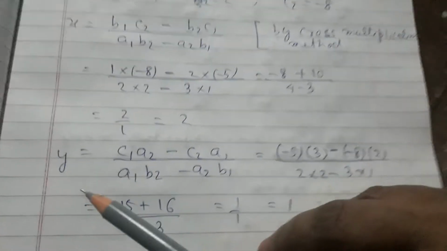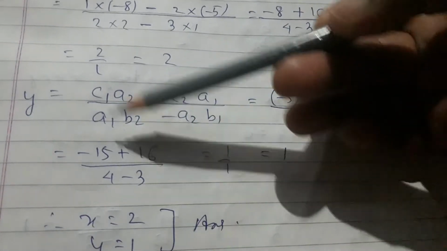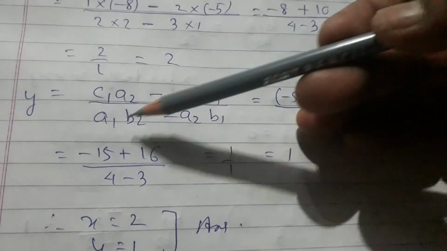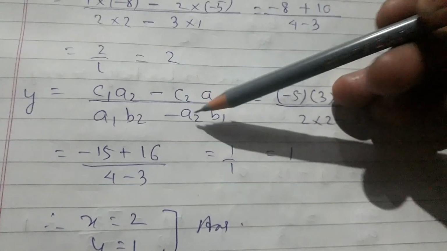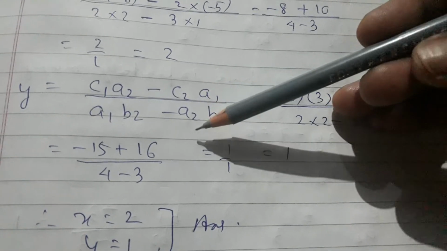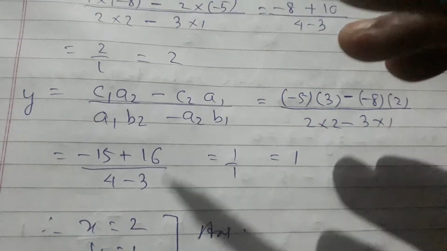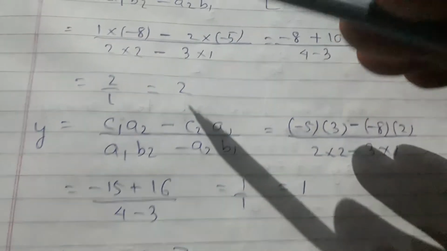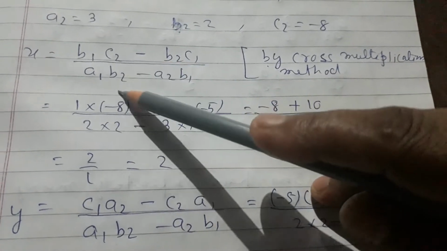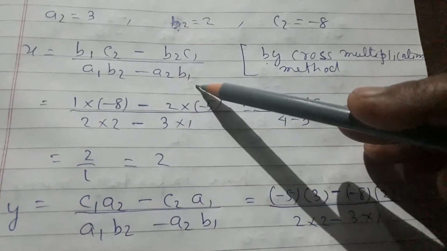Okay. And now y. The formula to take out y is c1 a2 minus c2 a1 by a1 b2 minus a2 b1. This formula is very easy to remember. At first look here, x equal to b1 c2 minus b2 c1. Okay, y is just the opposite, and the denominator is always, in case of x and y, a1 b2 minus a2 b1.